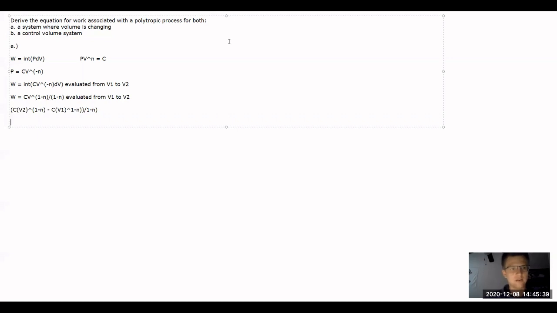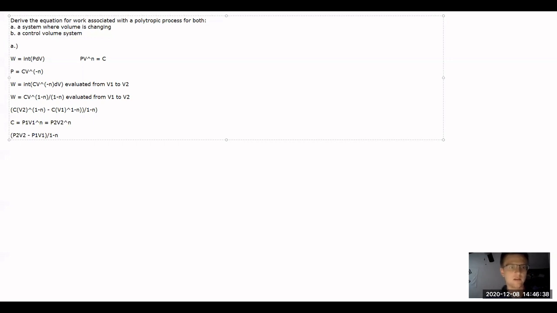Next, we know that for a polytropic process, the pressure and volume at any point along the process are equal to the same constant. So we can say that C equals P1 V1 to the n, which is also equal to P2 V2 to the n. Plugging in these constants, P2 V2 to the n goes in for the first C, and P1 V1 to the n is going in for the second C, and this is all still divided by 1 minus n.